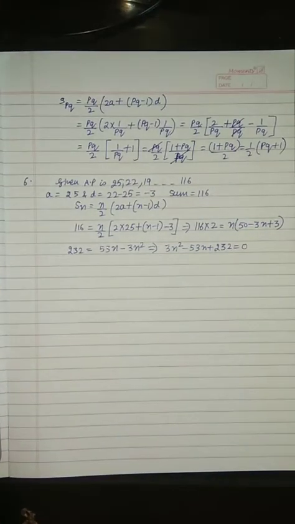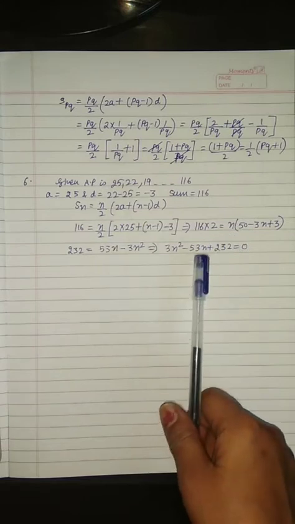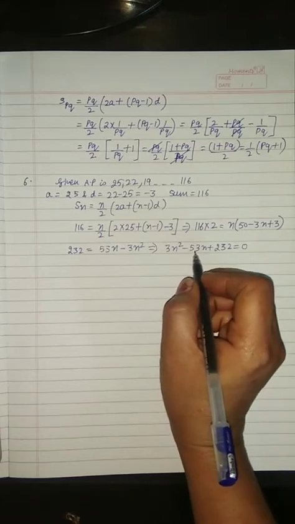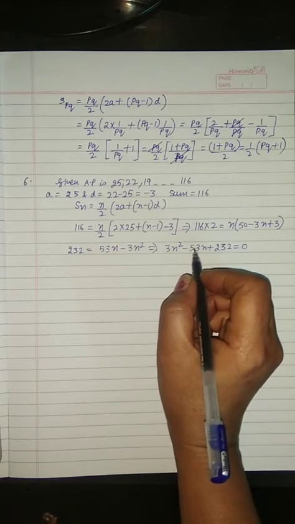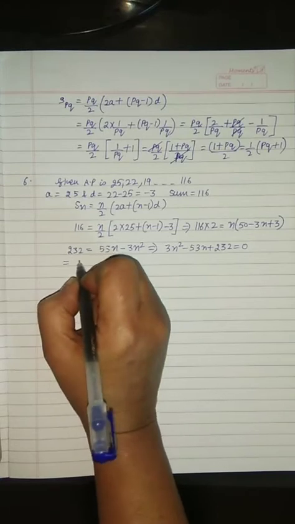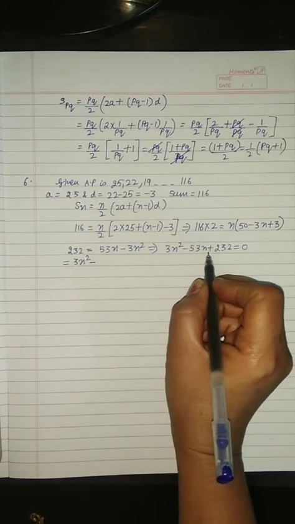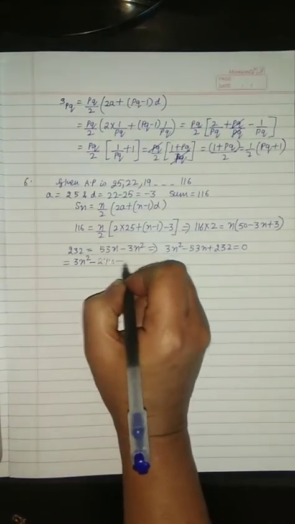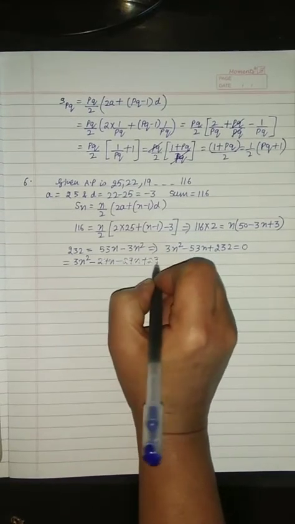Now we will split the middle term, that is 53n. On splitting the middle term, we will get 3n square minus 24n minus 29n plus 232.